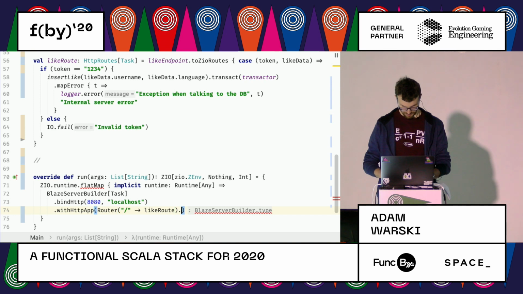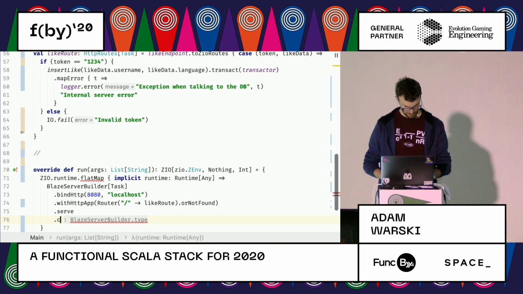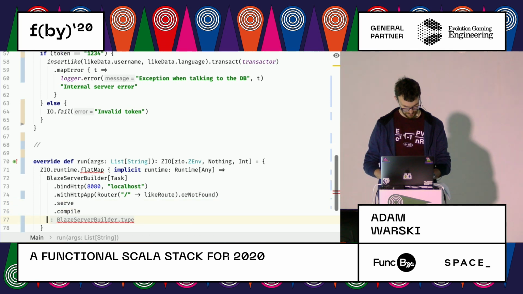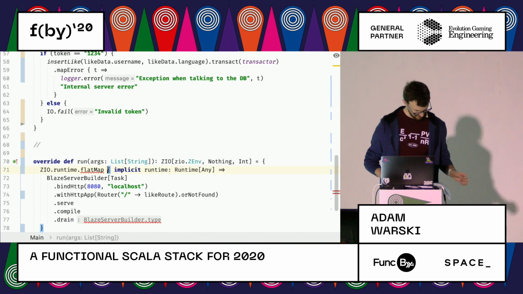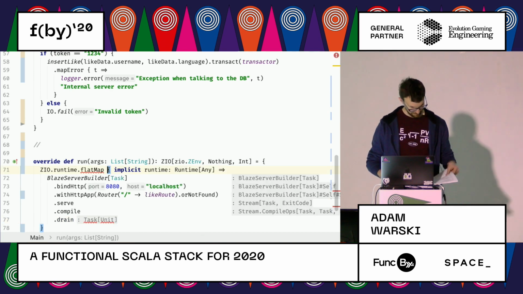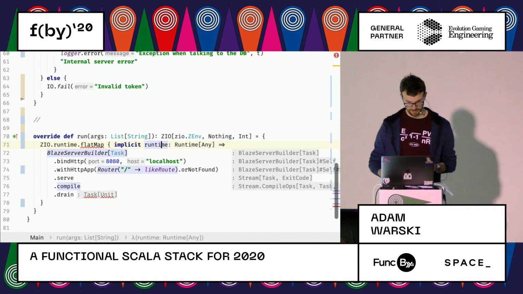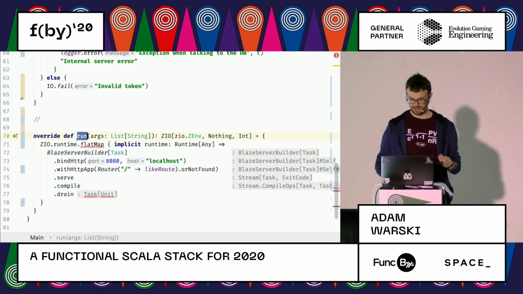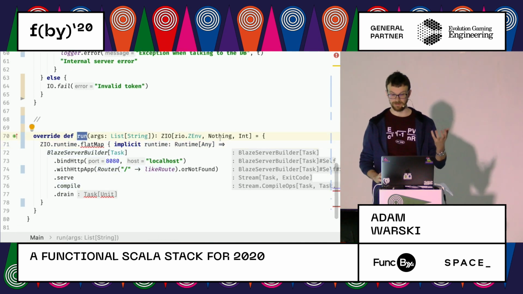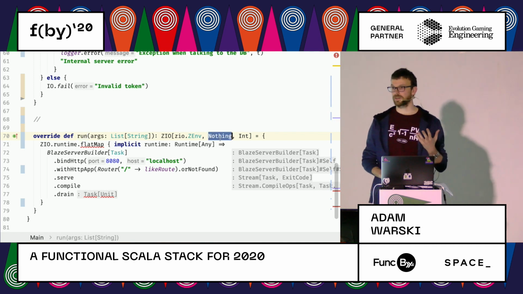Okay, otherwise not found. And now serve.compile.drain. Okay, still not happy? I forgot about, yeah. Because we are in ZIO, we have to handle errors. So the signature of our main method says that we need to return a description of an effect where all errors are handled, right?